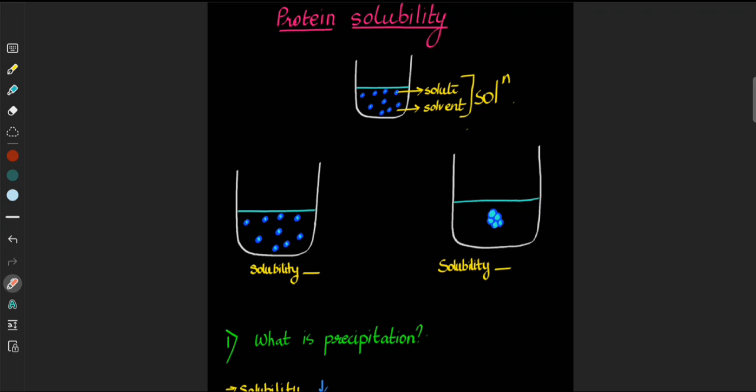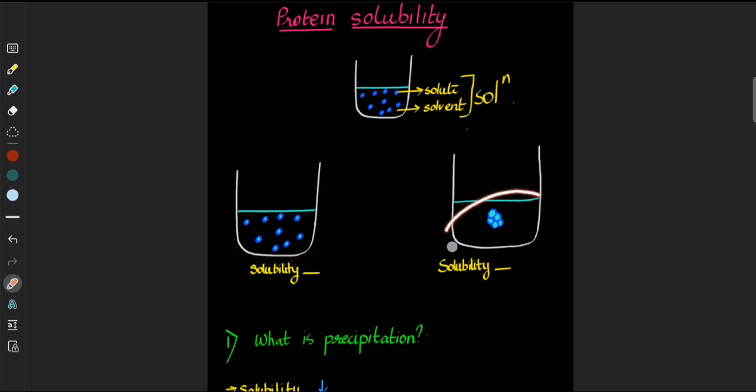Now for example, the protein is getting dissolved in a solvent, and the protein that is dissolved is spread in a very equivalent manner. That means the solute has been spread out equivalently. Then we can say that this is a properly solubilized protein, right?